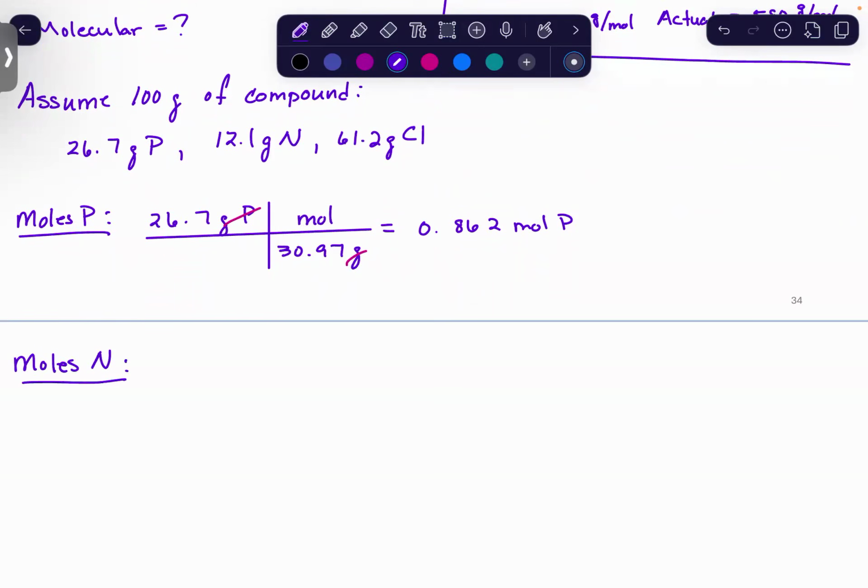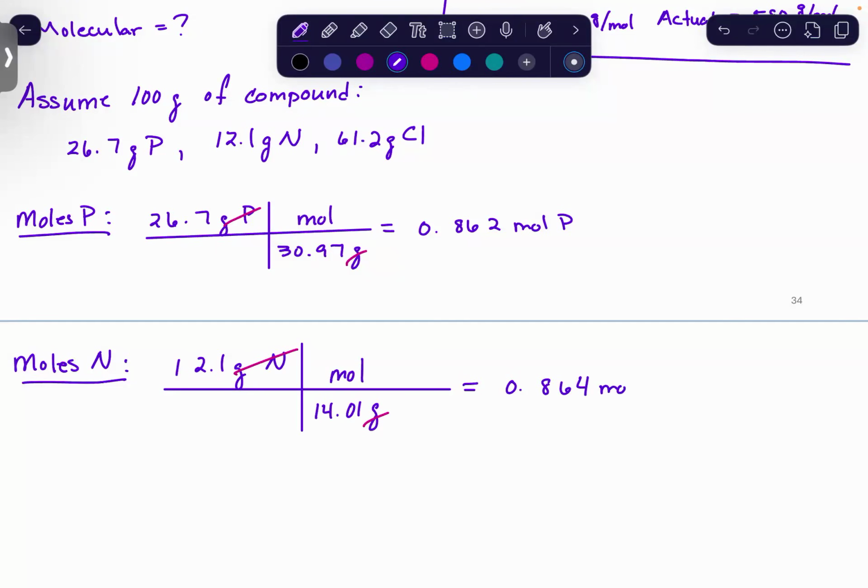Moles of nitrogen. So I have 12.1 grams of nitrogen. The periodic table shows us that nitrogen is 14.01 grams per mole. Grams cancels out. And I end up with 0.864 moles of nitrogen.